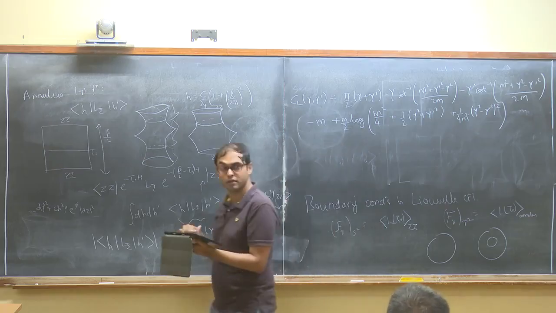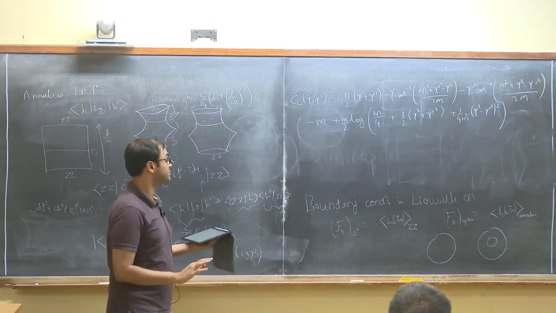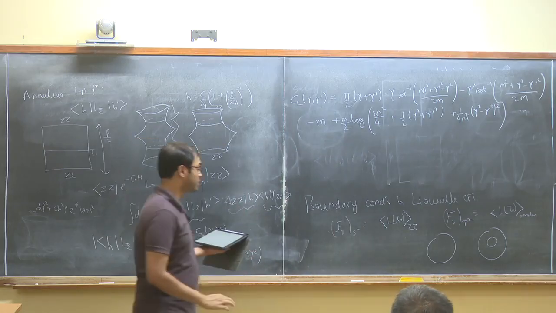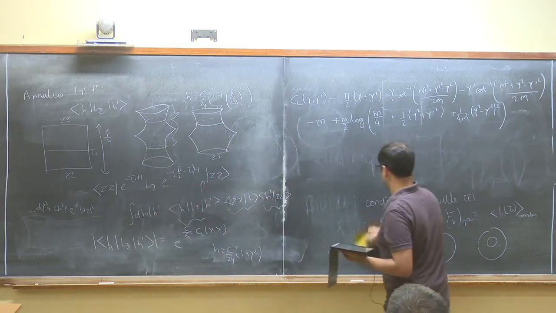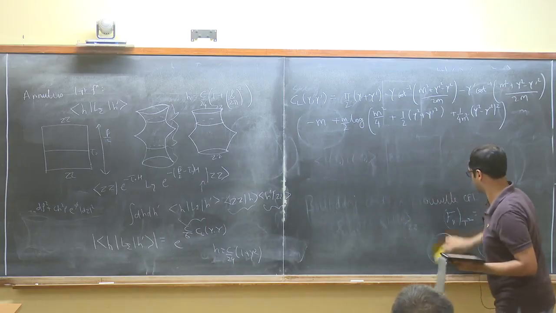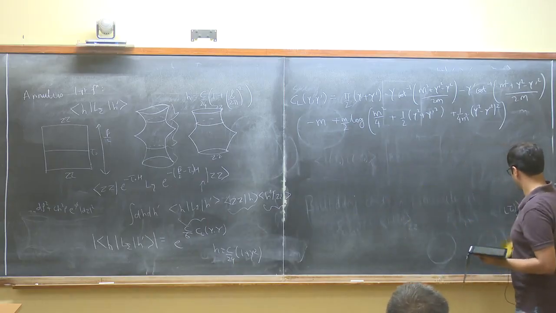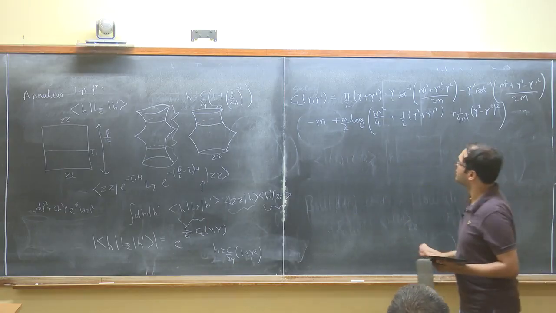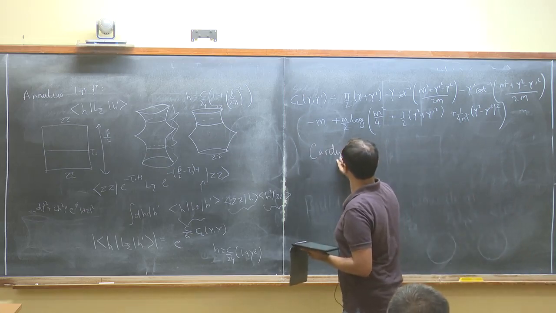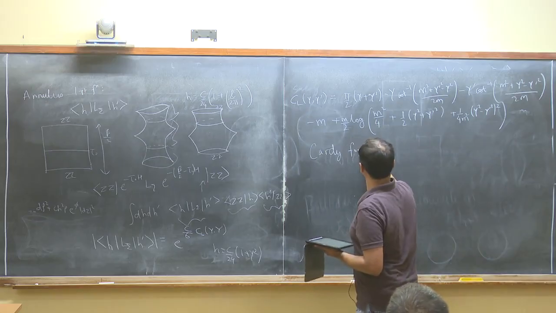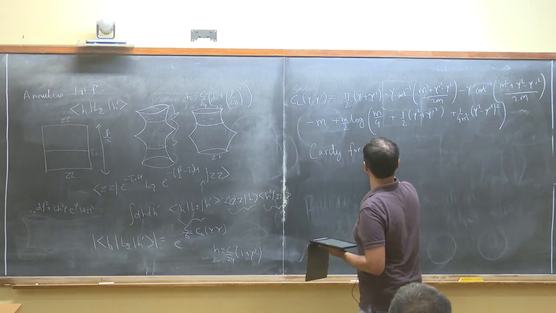Okay, so this is the Liouville part of the calculation. Next I will go to the CFT part. If there are any questions about the Liouville, you can ask. Okay, if not, let's go to the Cardy formula for line defects in CFT.